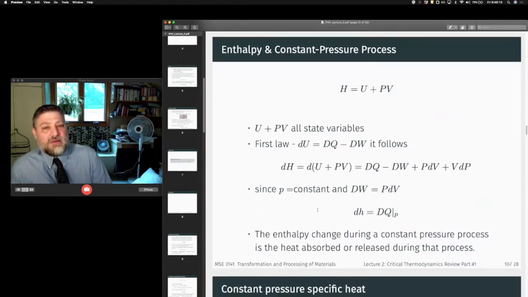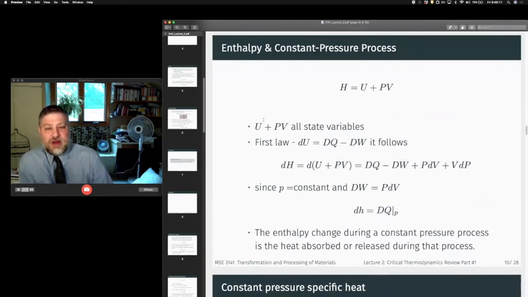Well, imagine we have a constant pressure process. So our first law, as stated before, if we just take the differential of H, we now have dq minus dw plus pdV plus Vdp.